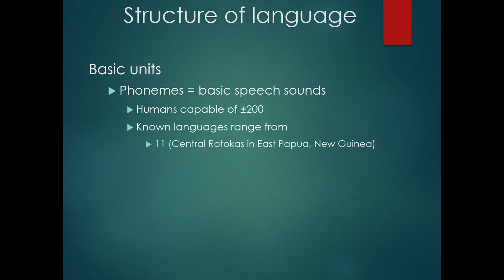It's a language that's spoken in the central area of East Papua New Guinea called Rotokas, and only 11 speech sounds in that language, as opposed to the biggest, the most phonemes is 112.